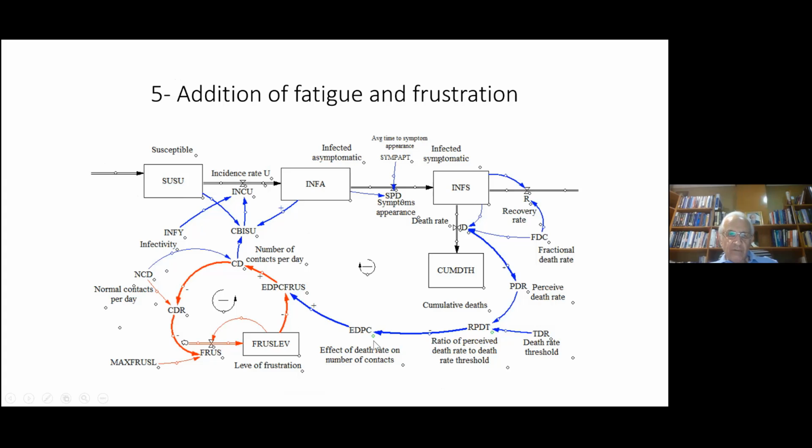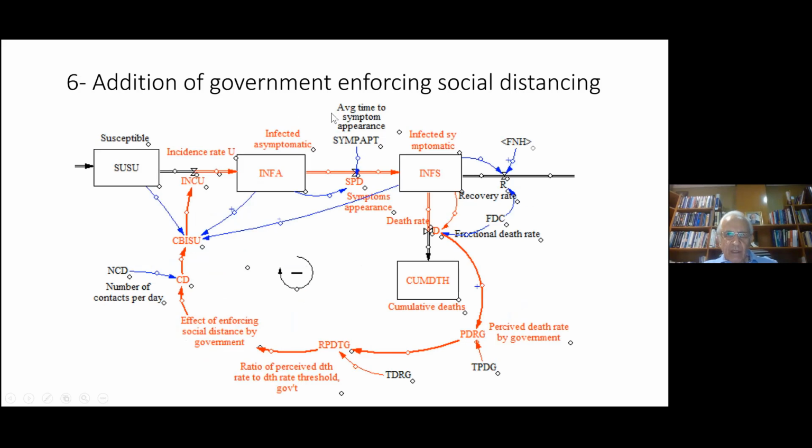So frustration and fatigue when social distancing continues for a long time could have a negative effect and could weaken this negative feedback loop, which works through the number of contacts. After that, we introduce government enforcing social distancing or lockdown.